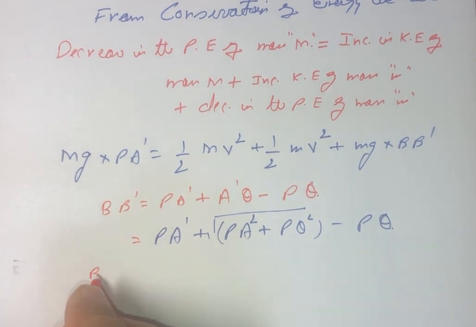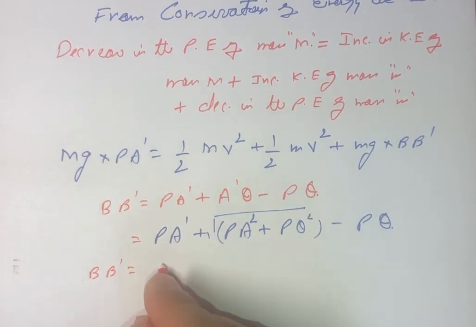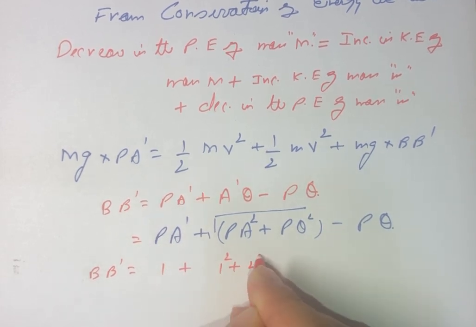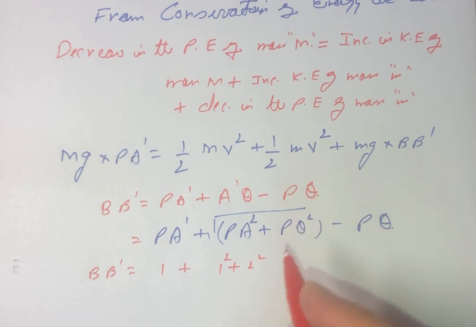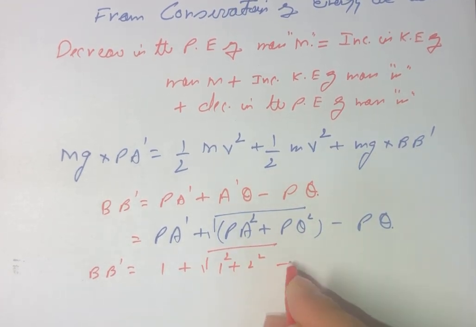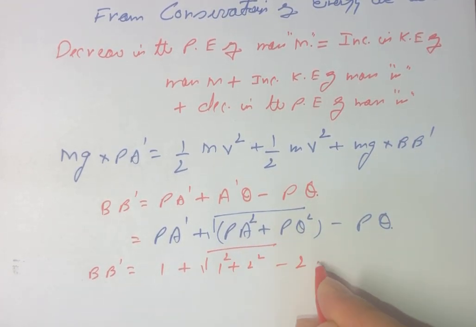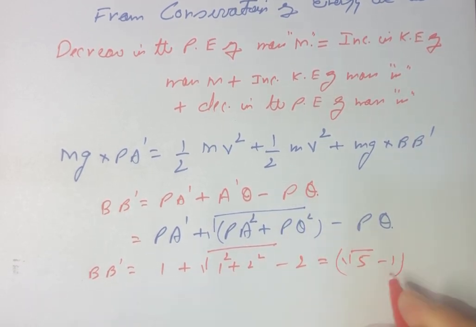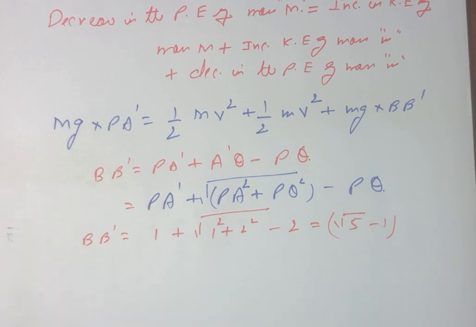So BB prime is equal to the square root of 1 square plus 2 square, minus 2, which finally comes to square root of 5 minus 1. So we got BB prime.